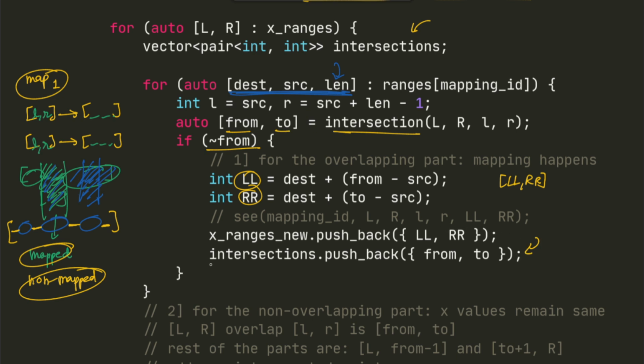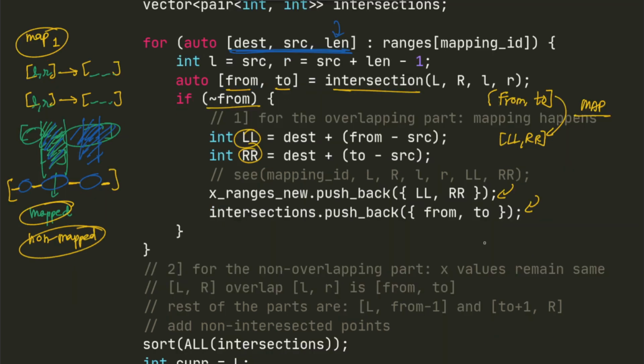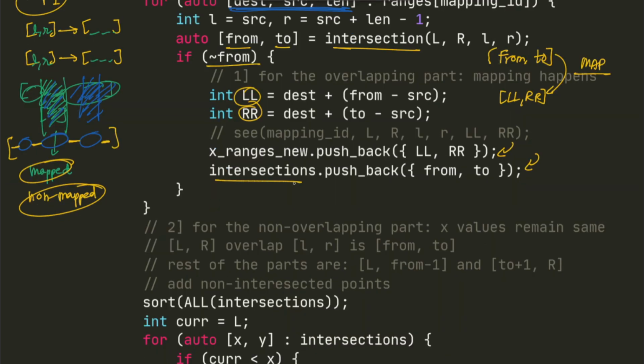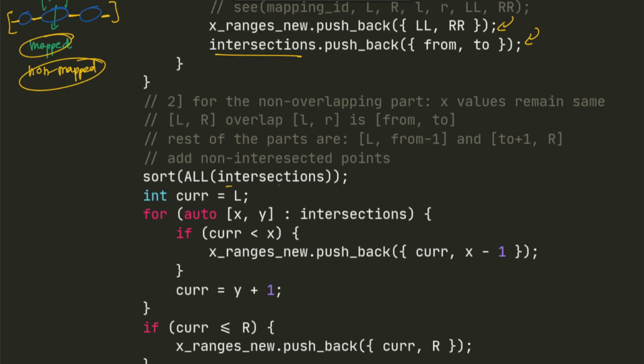And since this is an intersection, there has to be some mapping that changes this to this, right? So this has been mapped, and this is what we are going to update in the new X ranges. And once all these intersections are found out, I will sort them.